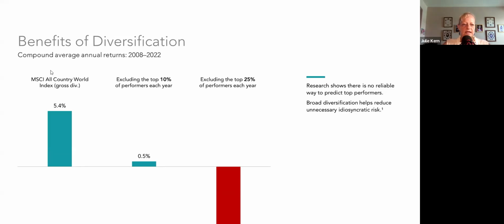And so the MSCI All Country World Index, which is basically the global stock index, includes all companies in all countries that are in any index. The return over that period was 5.4%. But if you missed just the top 10 performers each year, that brought your return down to just 0.5%.